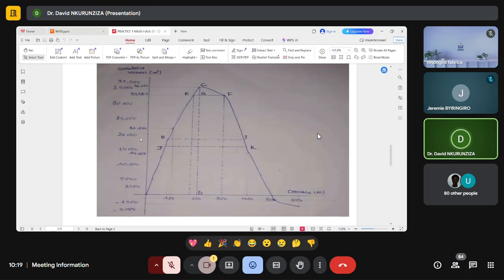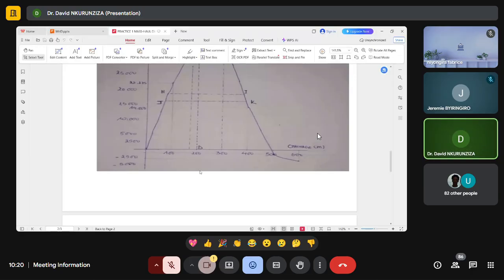I think here it is maybe 17,000. You can see if we take this minus this, we are having a positive difference. The positive difference means there is a surplus. We still have some materials to distribute to the project. But between this point and this one here, we don't have material, but we need to break. There is a deficit.